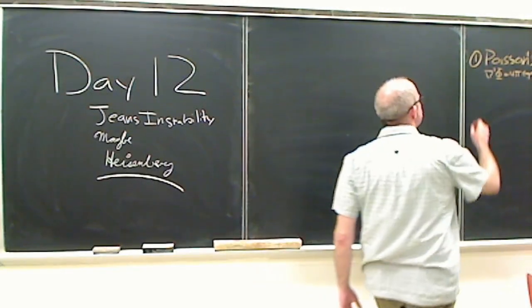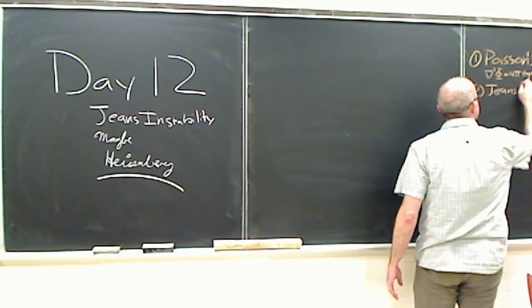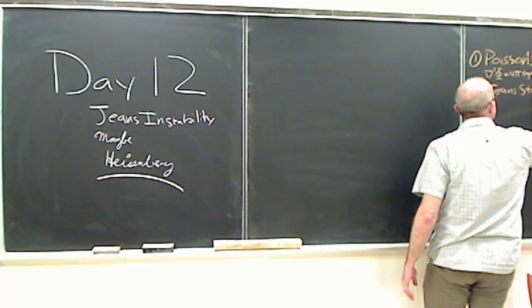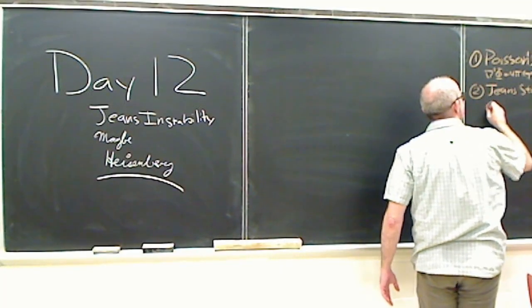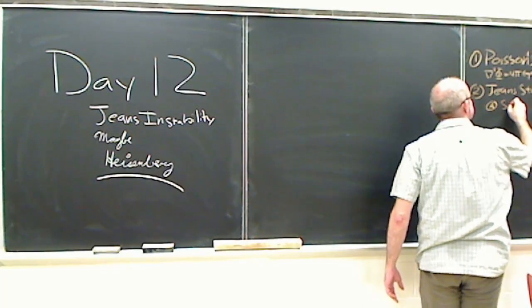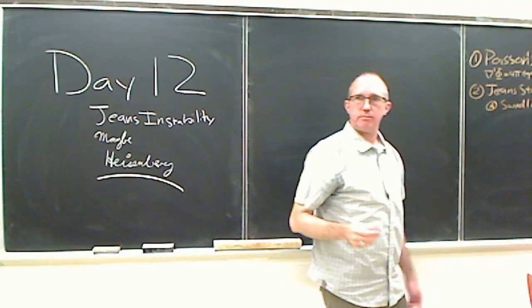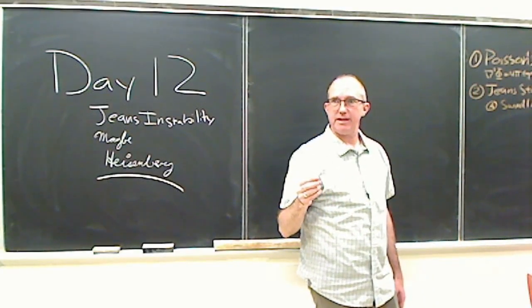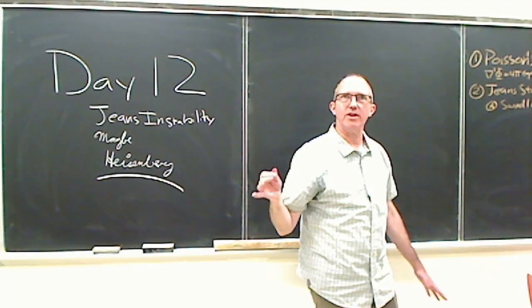And then we're going to do Jeans instability. And we're going to talk about why what I'm going to do is actually a bad thing to do, but we're going to do it anyway, because it turns out if you do it the right way, you get the same answer, so it's all okay.